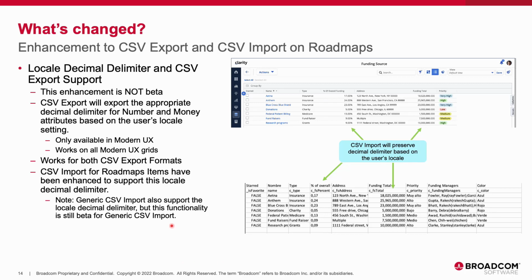The generic CSV import also understands this new locale decimal delimiter, but that's the only area that will still be beta. The locale decimal delimiter enhancement is applied throughout all the grids in the Modern UX, and the CSV import for roadmaps also supports that new delimiter format.